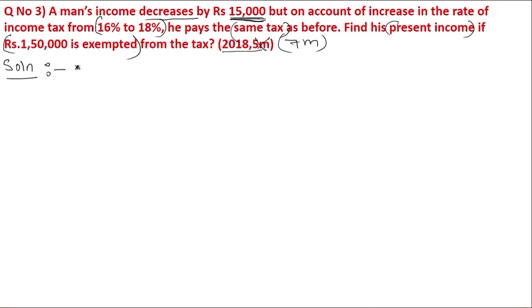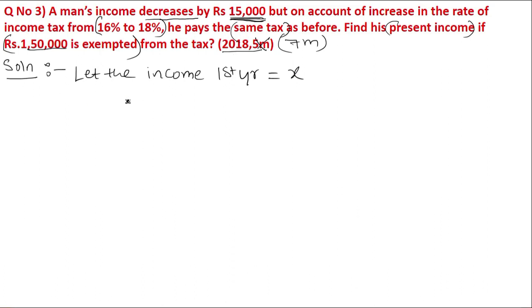First I will write: let the income of the first year be X. So this is without exemption. The exemption, 1,50,000, we are going to add last to whatever answer we get.